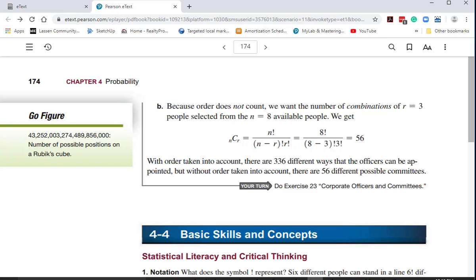You may have not noticed that, but if you line up 8 people and you got to put 3, a 1, 2, 3 is different than a 3, 2, 1, right? Then we have a smaller set, right? So if you have a smaller set, what do we got? What's 8 minus 3? And what's 5 factorial? 5, 4, 3, 2, 1.